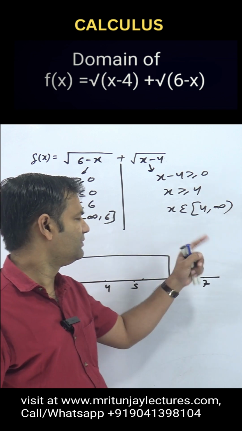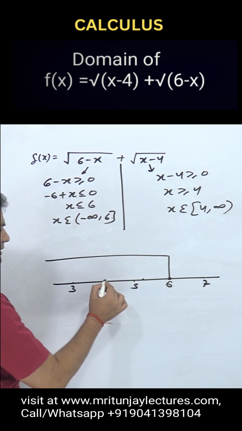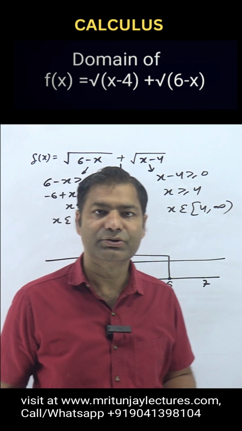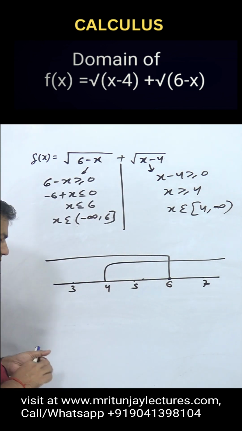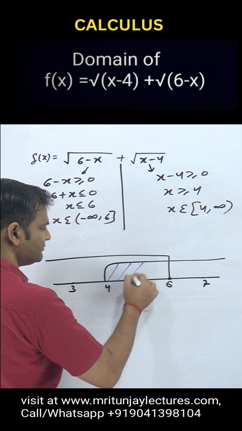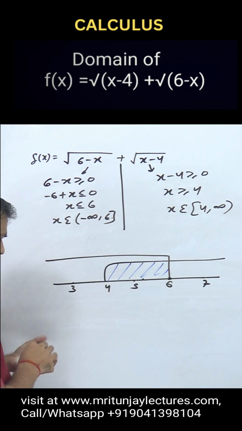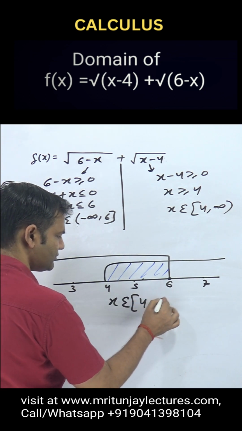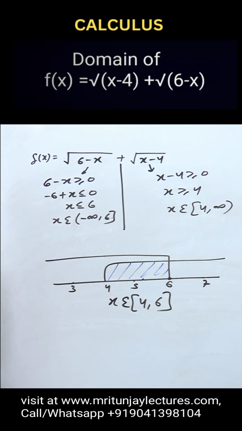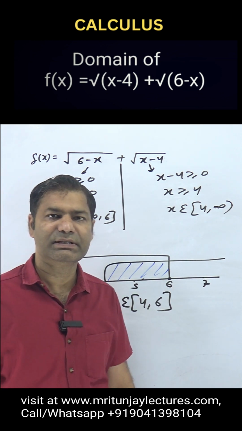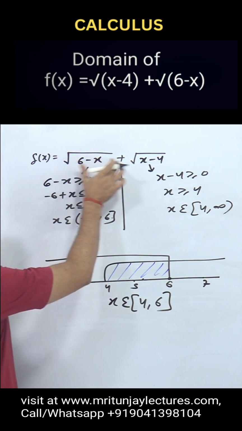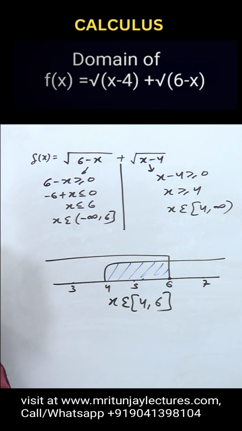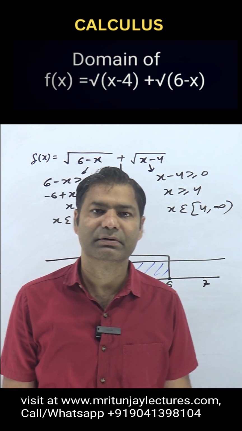And 4 to infinity looks like this. Clear? So the common part between these two, that common part, x is written as 4 to 6. You can say it is the intersection of these two, and that gives the domain of f of x.